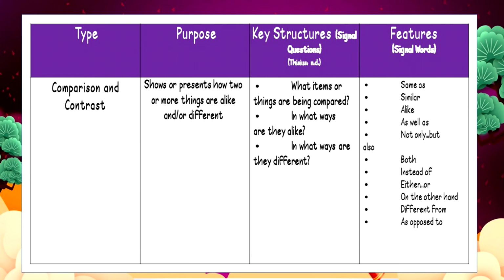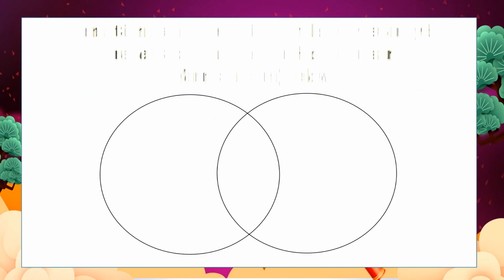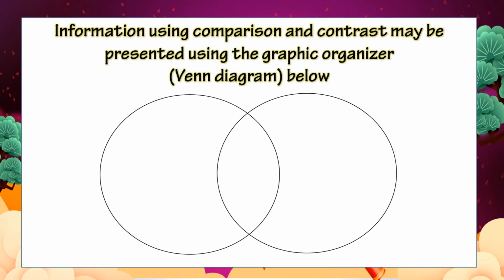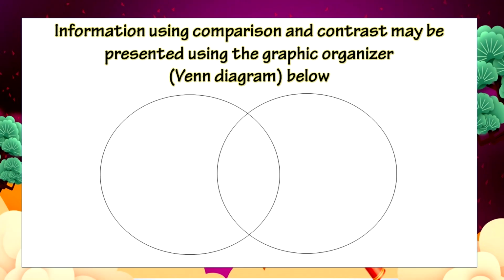So the signal words are same, as, similar, alike, as well as, not only, but also, both, instead of, either or, on the other hand, different from, as opposed to. So we can see here a Venn diagram that can present the comparison and contrast.